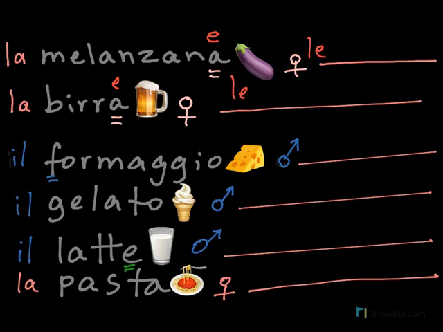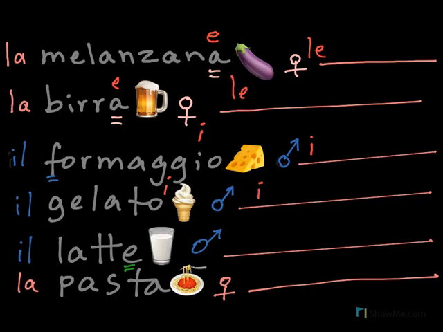Il formaggio will become i formaggi, and it will just end on i, because i is the plural of o. Masculine, singular becomes masculine, plural. Il gelato will follow the same rule, will be i gelati, i gelati.